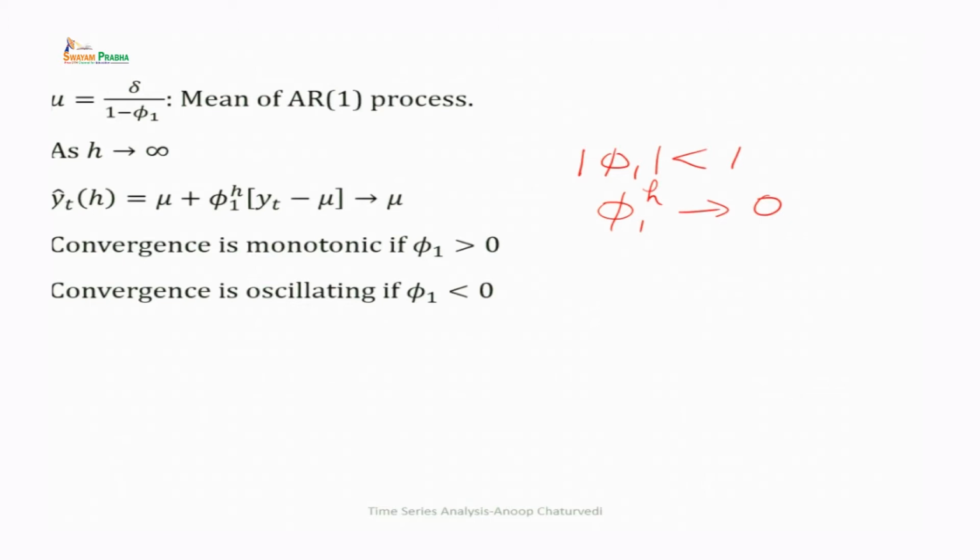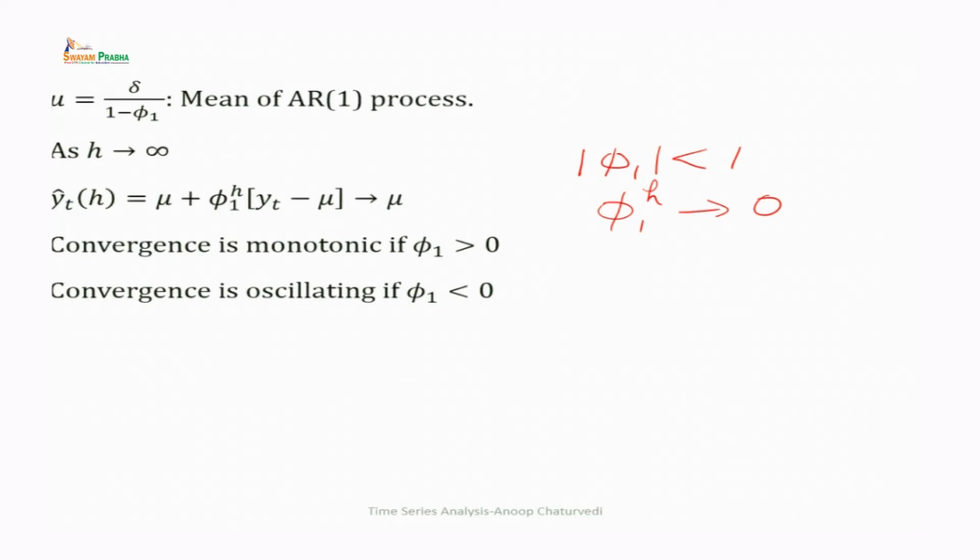So, ultimately y hat t h converges to the mean of the process mu, and this convergence is monotonic if phi 1 is greater than 0, and this convergence is oscillating if phi 1 is less than 0. But in both the cases, y hat t h converges to the mean of the process mu.